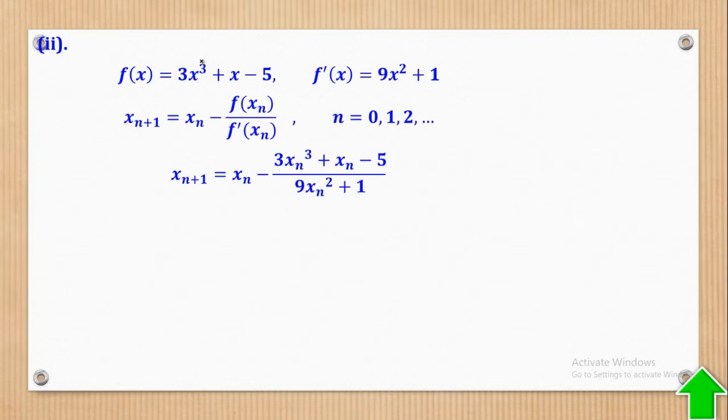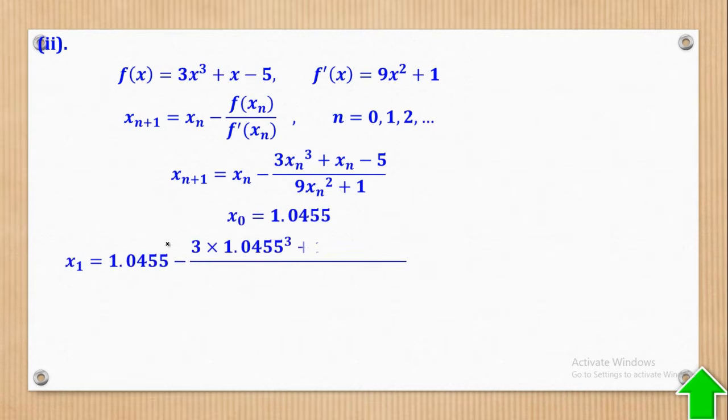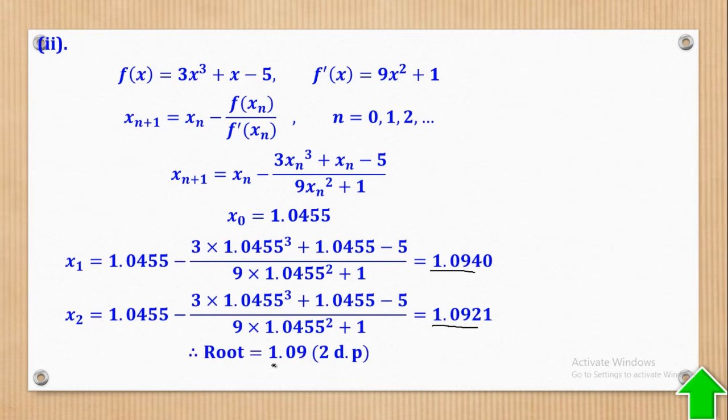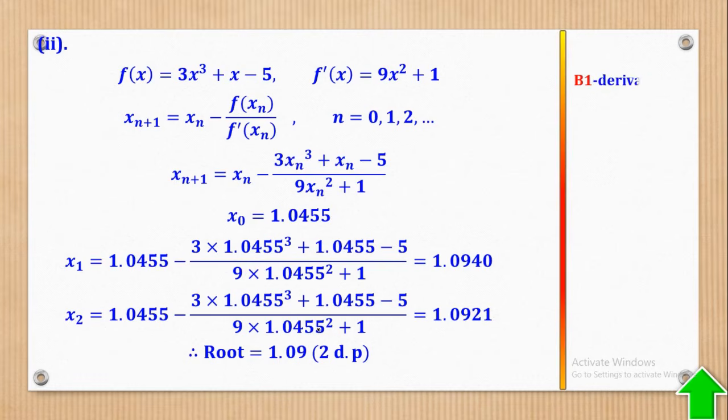Here they didn't want us to prove, meaning that we stop at substituting, then we start putting our values. So x naught is that, implying that x1 will be got by substituting for x naught, which is 1.0940, but they told us use it twice, so we use it the second time to come up with the second value of x, which is 1.0921. So after that we conclude that the root is 1.09 to 2 decimal places.